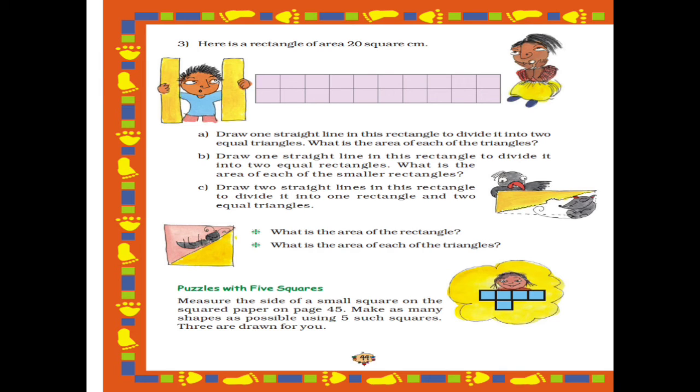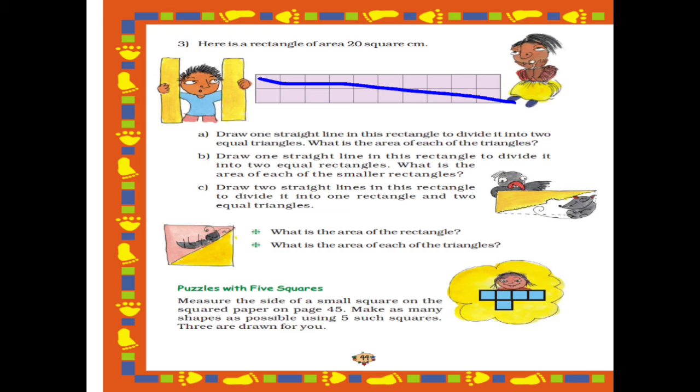Now let's draw. By using a scale, you have to draw a straight line in such a way that it will be half of the rectangle. I'm not able to draw a perfect straight line, but you have to draw a perfect straight line. Now we have to find the area of each of the triangles. We have divided the rectangle into 2 equal parts.